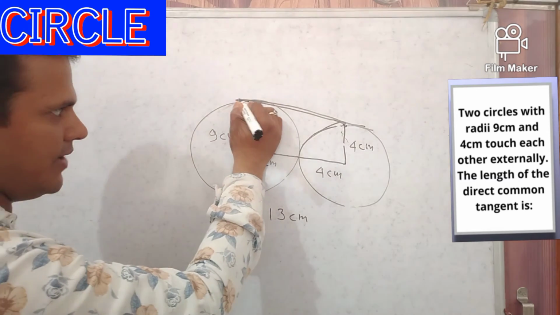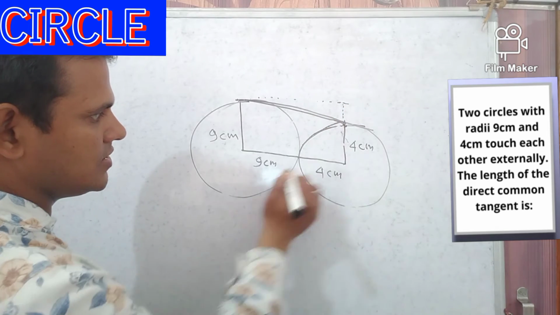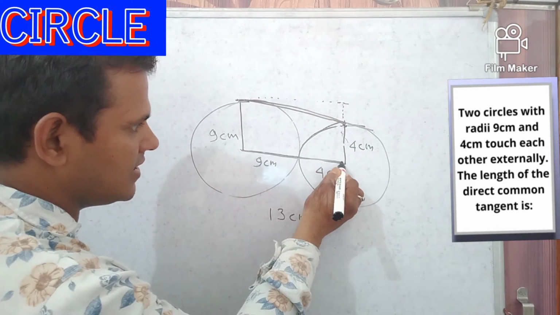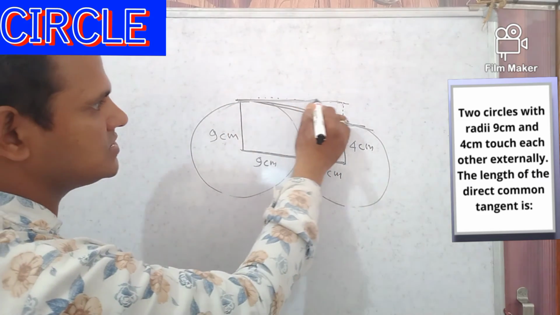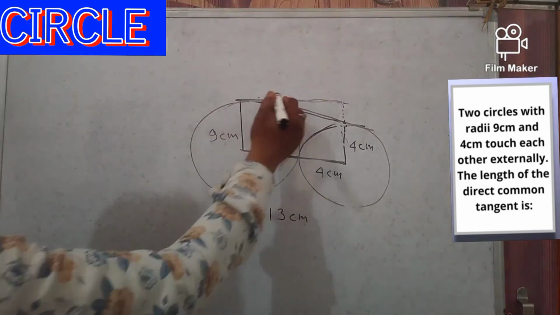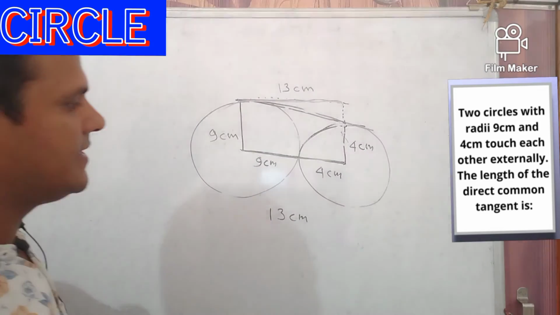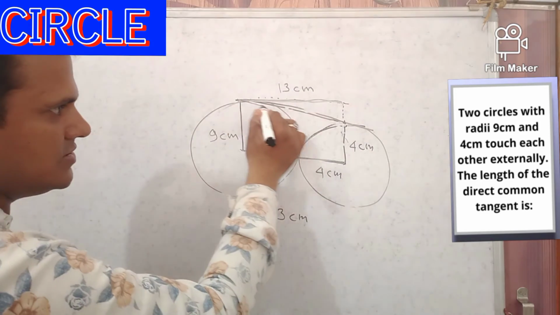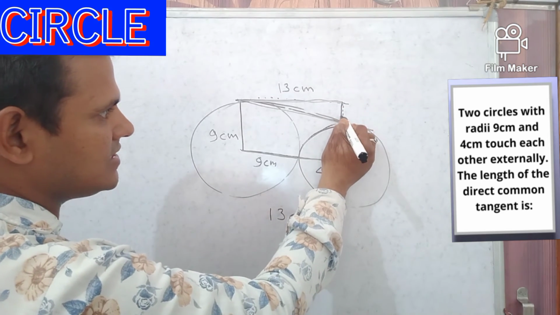So draw a parallel. This length and this length will be equal, because this is parallel. So this is also 13 centimeter. Our target is to find this length, the common tangent. What will be this length?